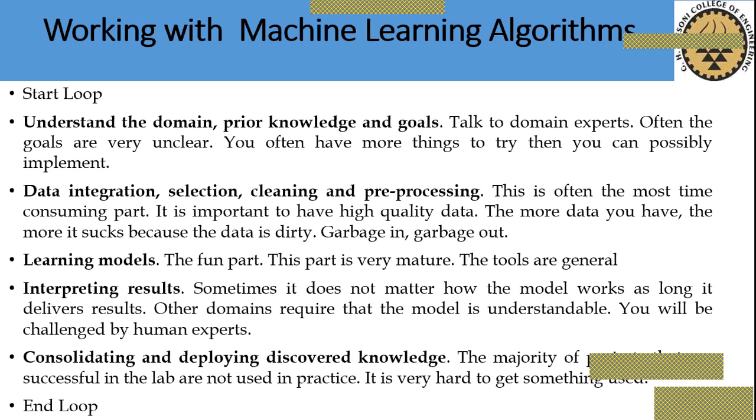This working of a machine learning algorithm is in a loop. Each time, you first understand the domain, you must have some prior knowledge about the data set and what goals you have to achieve using your machine learning algorithm. After that, you work on your data set, that is cleaning, pre-processing and selection of attributes.